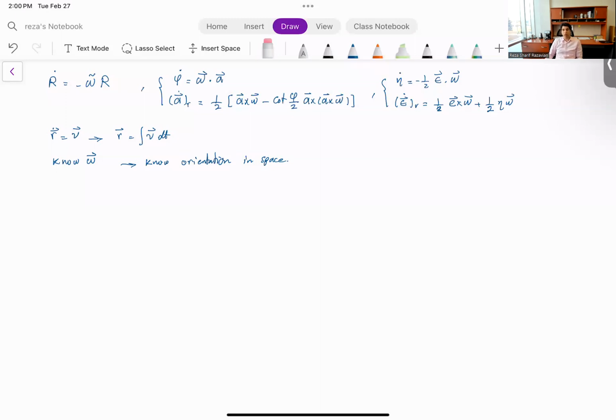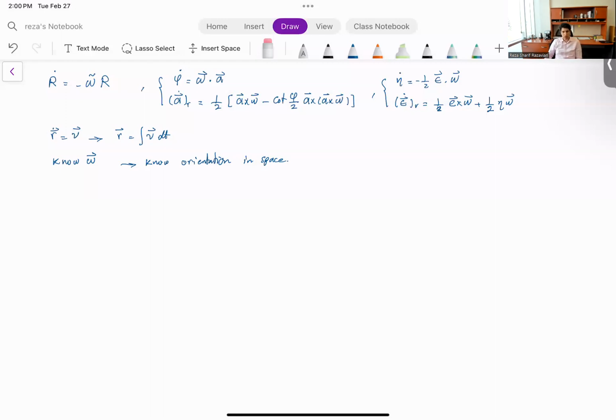Because of that, if we just focus at the current state and instantaneous changes of how the body is infinitesimally rotating from its current orientation, these equations can be a lot easier to interpret and understand and even argue for.